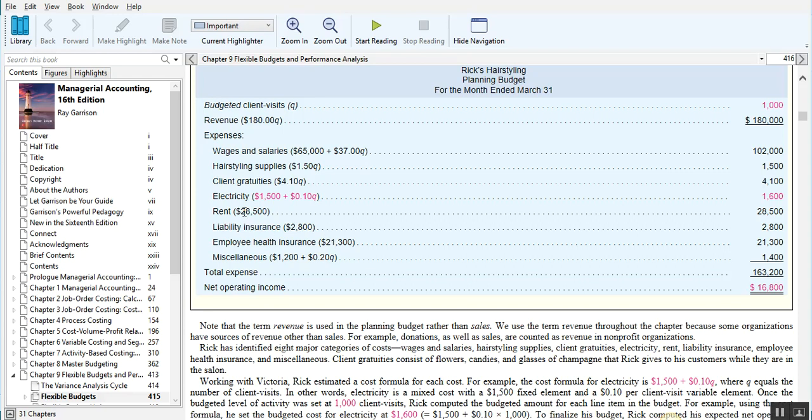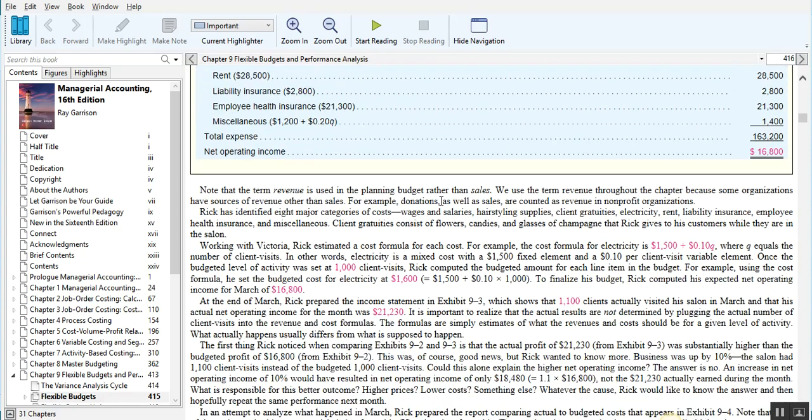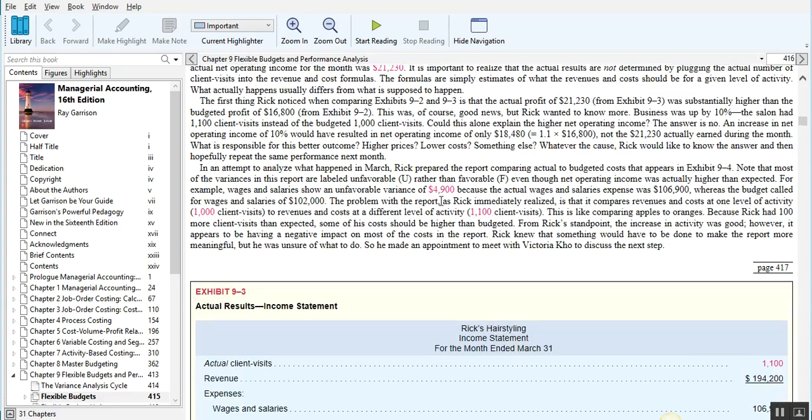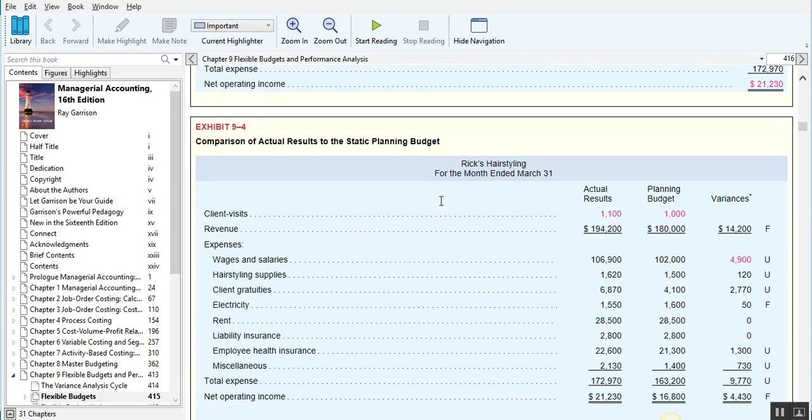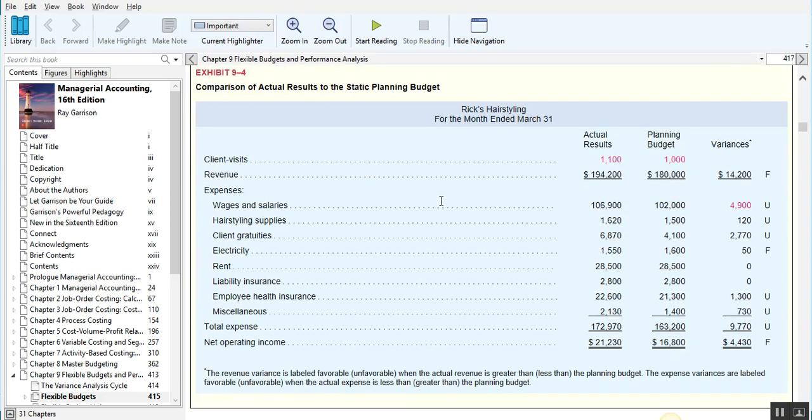Some of these others are purely fixed, like rent, liability, and employee health insurance, but others are directly related to the quantity that we sell, like hairstyling supplies and client gratuities. We know that those are going to be there. So when we look at this and we look at the results compared to the actual, we don't have a complete story as to why the variance took place.